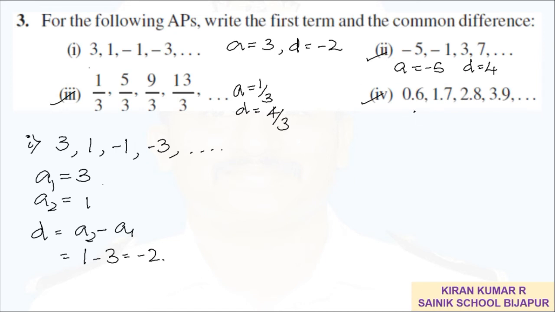In this case, the first term is 0.6 and the common difference is 1.7 minus 0.6, nothing but 1.1. You can take any two consecutive terms and find the difference, that will become the common difference. You can try the 3 questions.